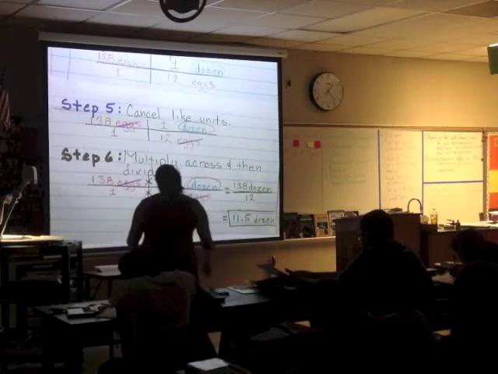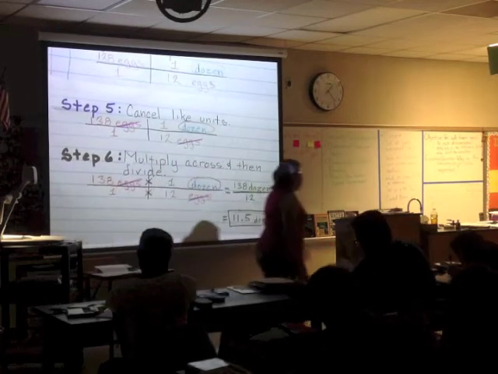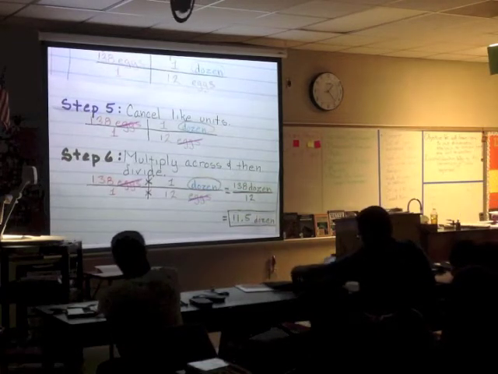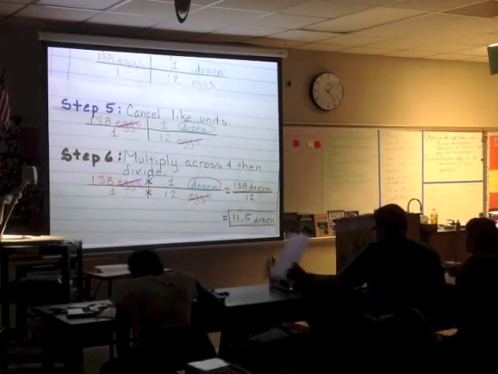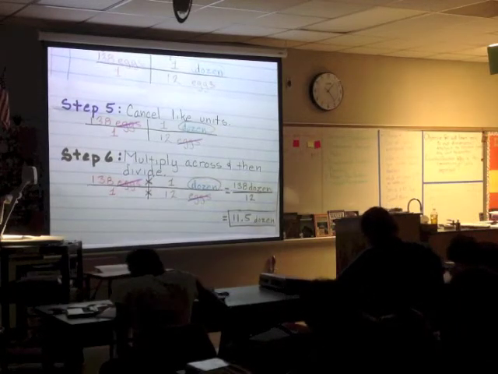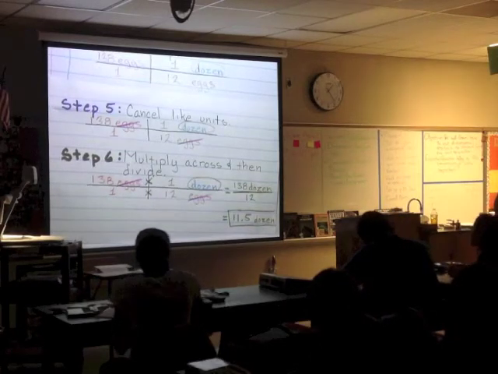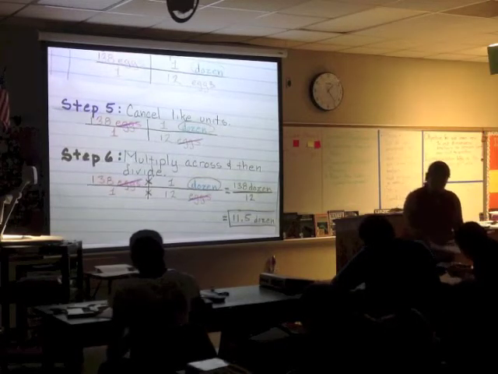Okay. Now, I'm going to give you a paper that we're going to do a couple of them together, and then you're going to have some time to work with your elbow partner to practice this. This paper is using units that you know, such as time units and distance units.